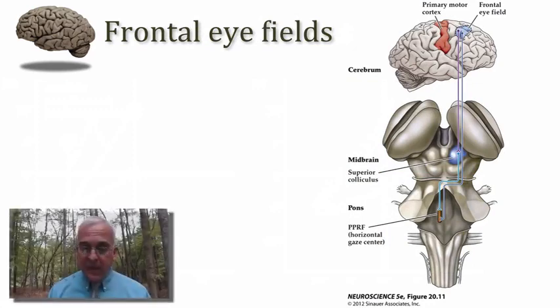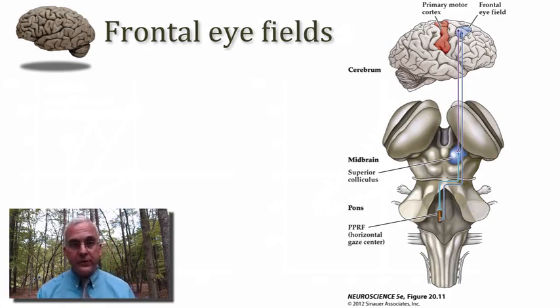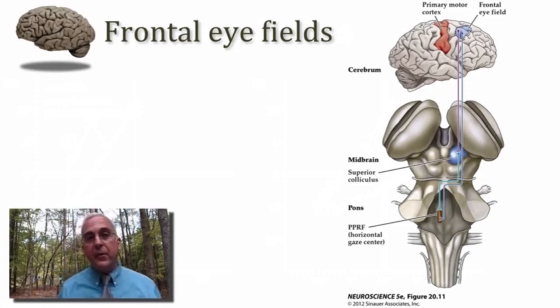I'd like to make just a few other points about the superior colliculus before we move on to the frontal eye fields, and that is that the superior colliculus receives input not just from the visual system, but also from the auditory system and from the somatic sensory system. So what the superior colliculus really wants to do is direct our gaze towards a novel stimulus, a stimulus that captures our interest or our attention, not because we decided to look in that direction, but rather because the stimulus presented itself.